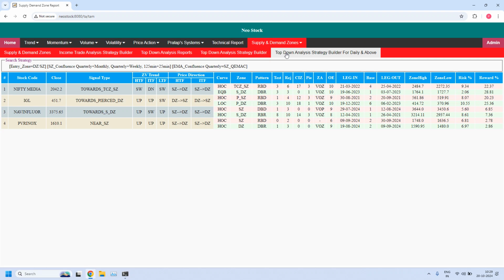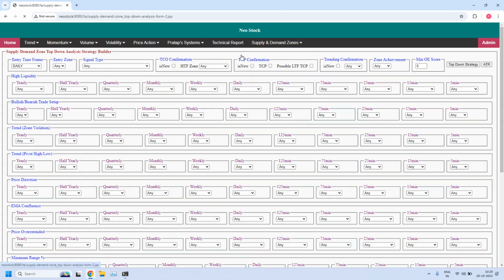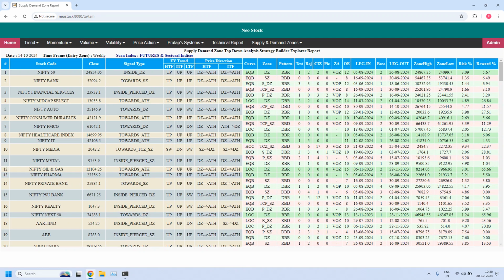So next, in the final report, let us generate all the weekly demand and supply zones without any filters for your reference. Your favorite stock might be there. You want to know what kind of parameters are currently supporting. If you want to analyze, this list will be useful to you. This is the complete list of all the stocks, 196 stocks. The first 17 in this list are indices.